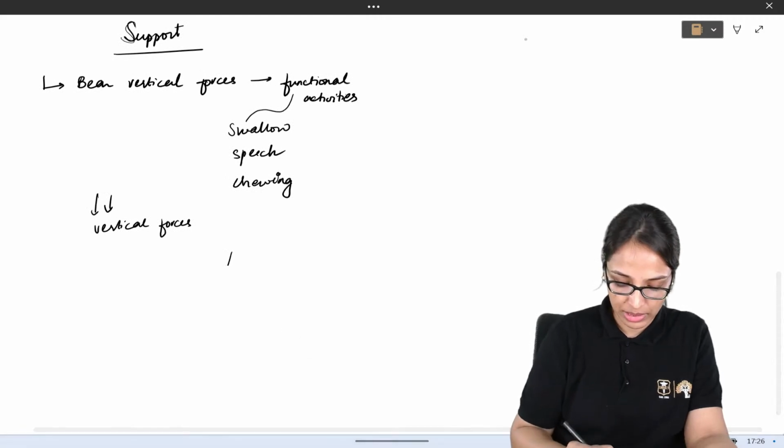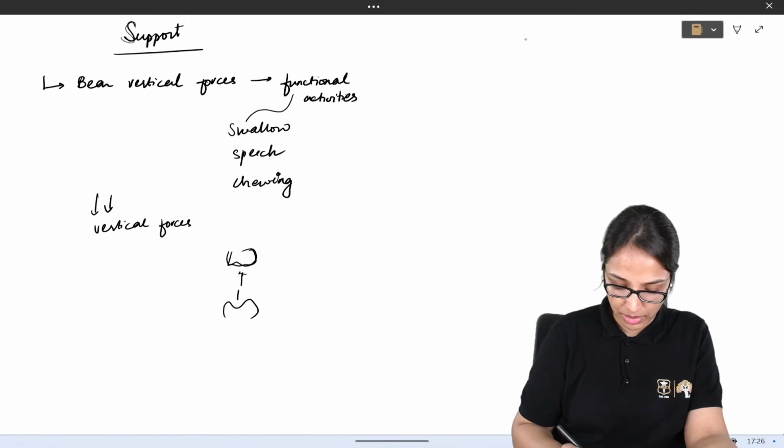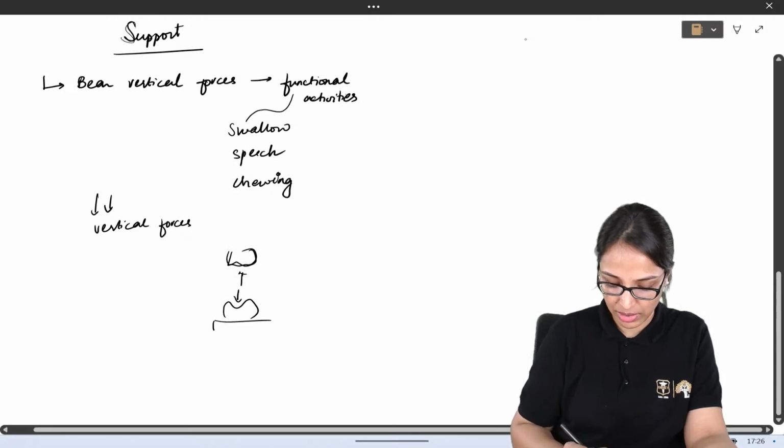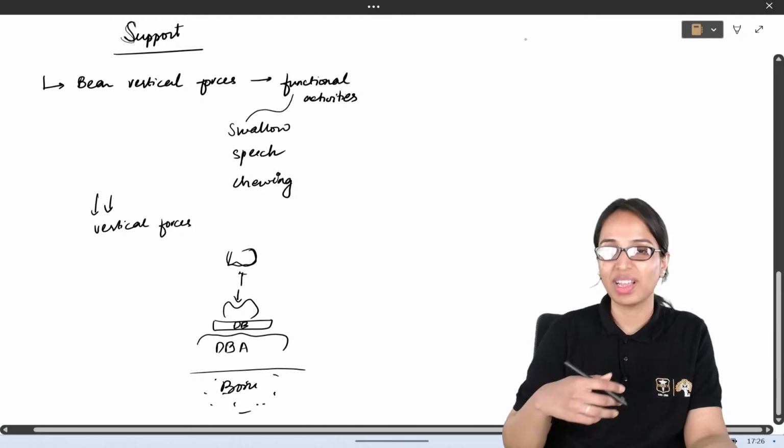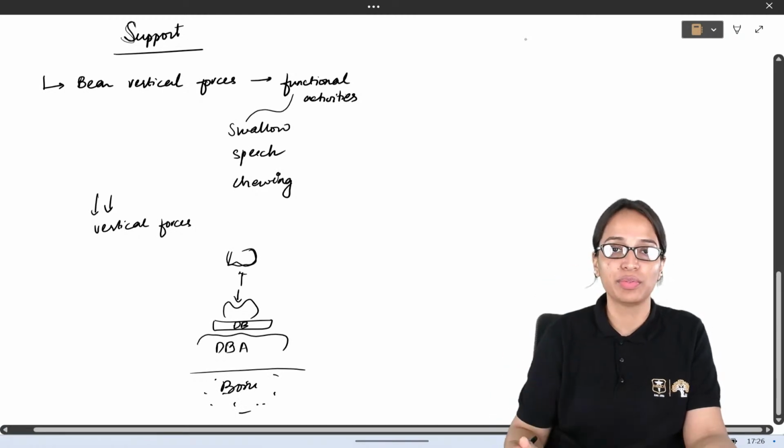Say supposedly this is a denture. This force is exerted on the teeth, goes through the denture base to the denture bearing area, and ultimately goes to the bone which is present underneath. So that is the end point of the force generated during functional activity.